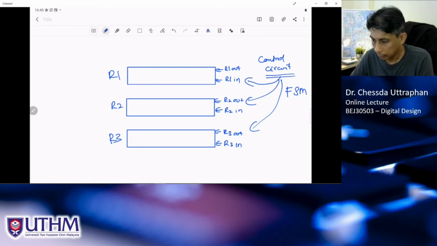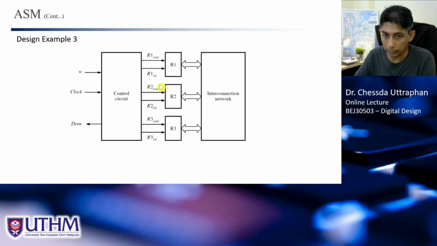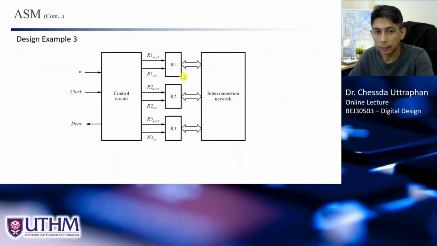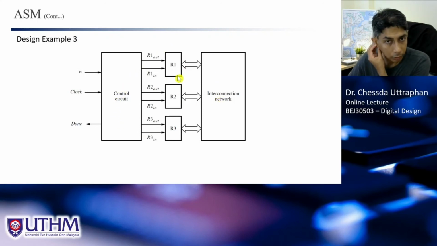Okay, so let's look at this. This is the structure of what we want to do. We have R1, R2, R3. This is the control circuit to generate R1 out, R1 in, R2 out, R2 in, R3 out, R3 in, right?